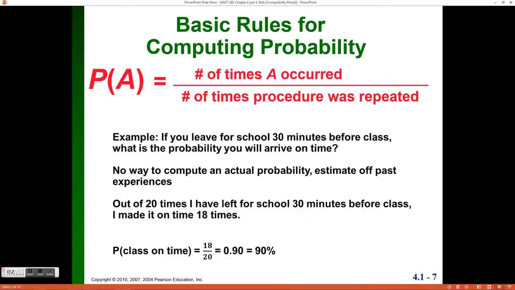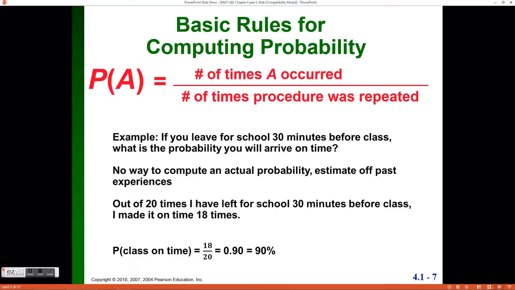To give an example of this, suppose I wanted to compute the probability that I would arrive to class on time if I left for school 30 minutes before class. Well, there's no way to compute the actual probability of this event on this specific trial. But what I can do is estimate it off past experiences.